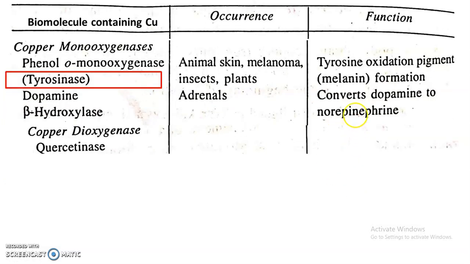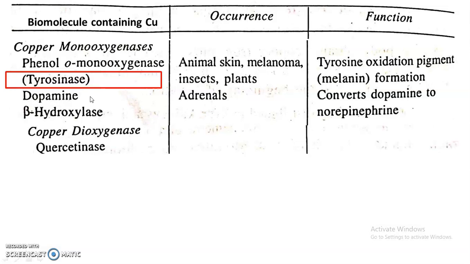Now the next biomolecule which contains copper is tyrosinase. Tyrosinase is found in animal skin, insects, and plants, and catalyzes the oxidation of phenol.